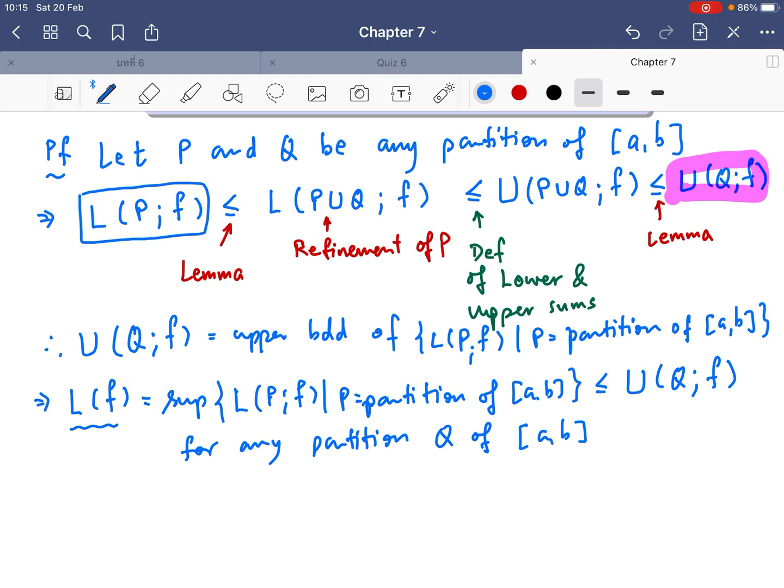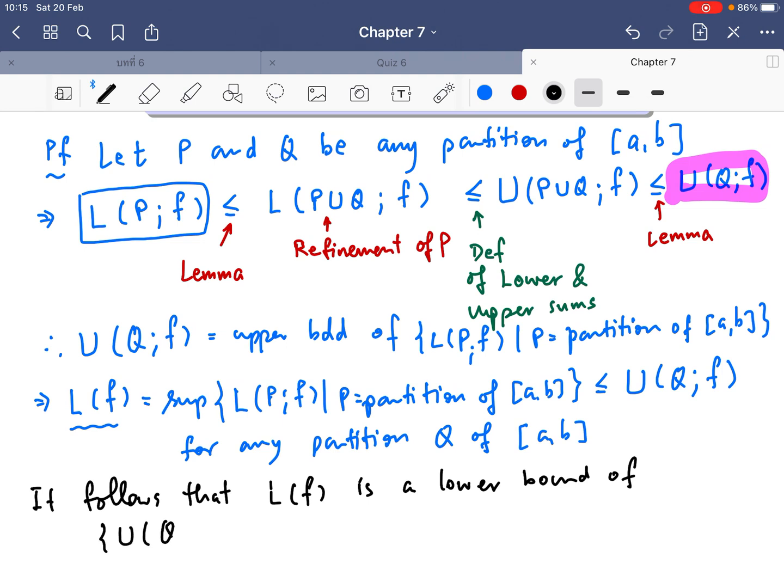However, immediately it follows that, as a consequence, this one that exists is immediately a lower bound, one of the lower bounds of the upper sum, for each and every Q that is a partition of the closed interval [a, b] as well.